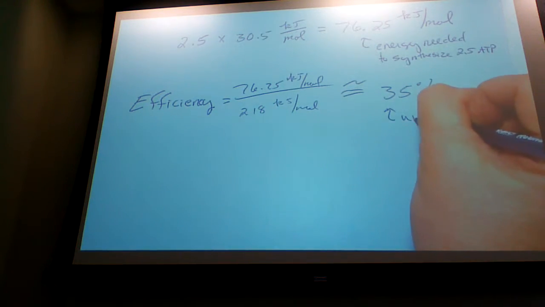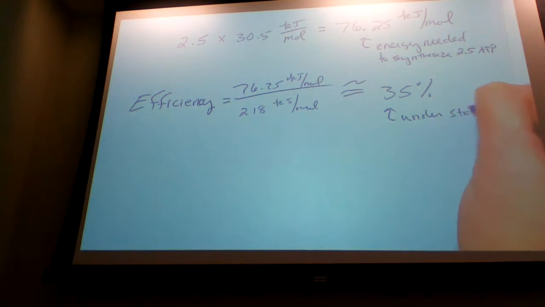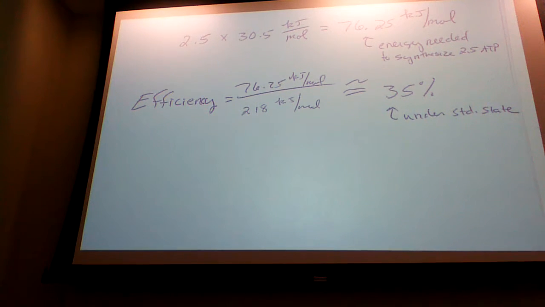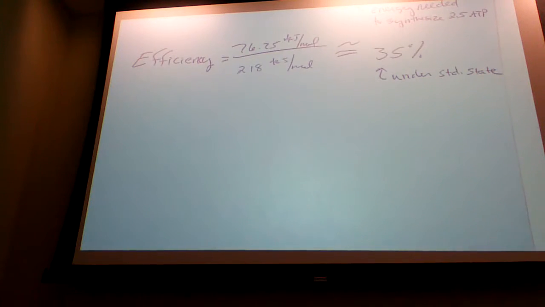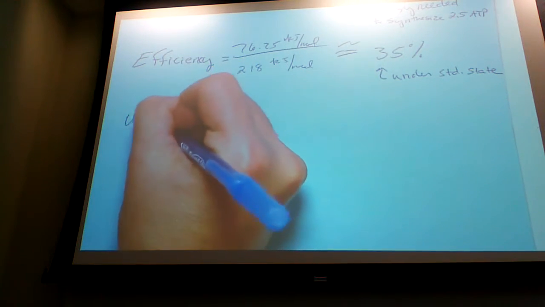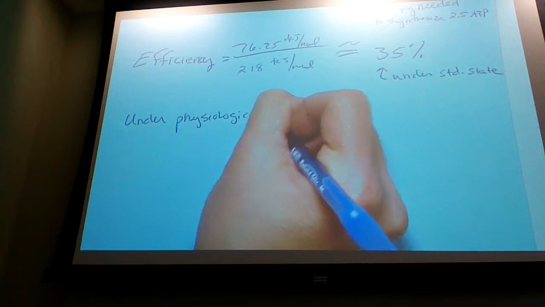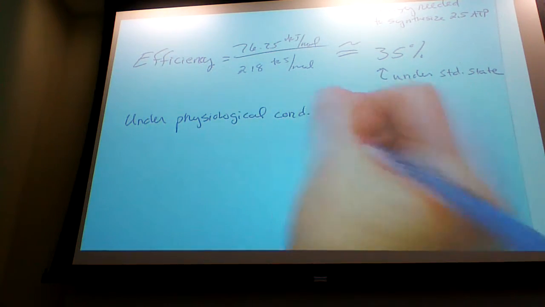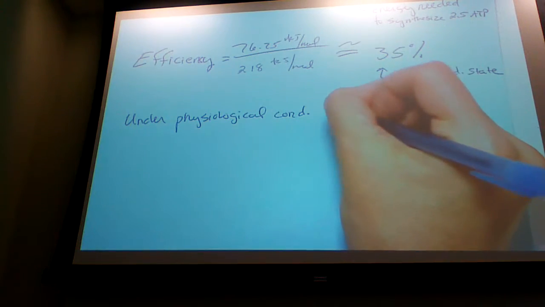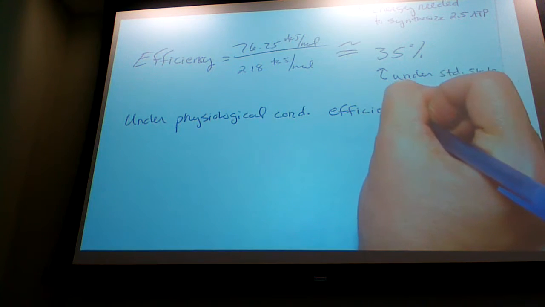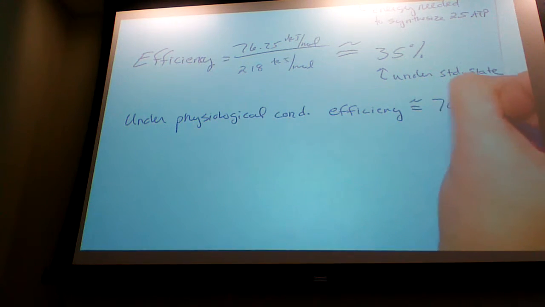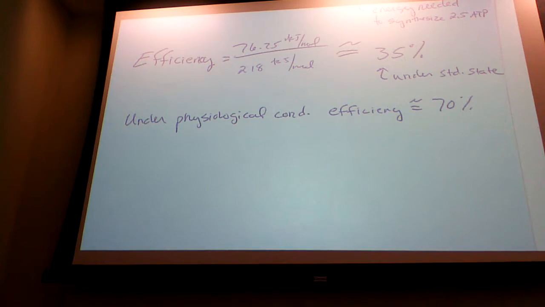This is under standard state. Are we at standard state in the cell? No. Okay, so under physiological conditions, efficiency is closer to 70%, but it's still not 100% efficient.